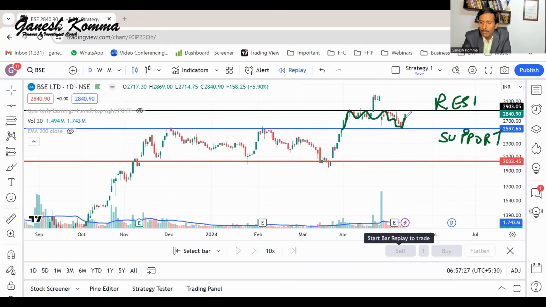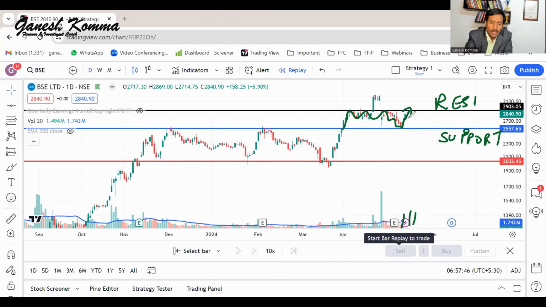So now for BSE, if it is able to cross the 2900 level with some good volumes, it can be a very good entry point, and from here it can pick up very good strength. Even whoever is already holding, we need to wait till it crosses its resistance to pick up strength.